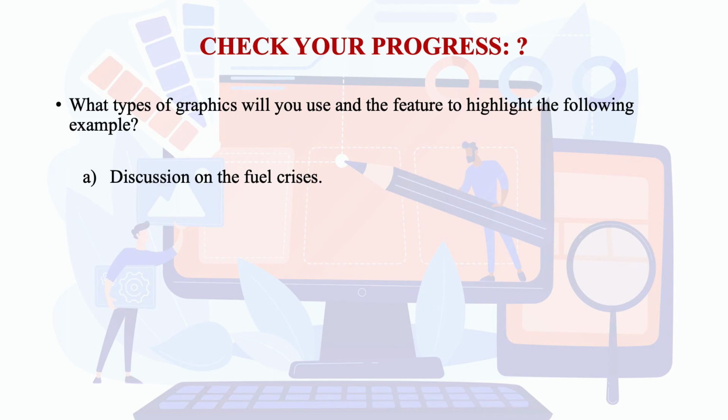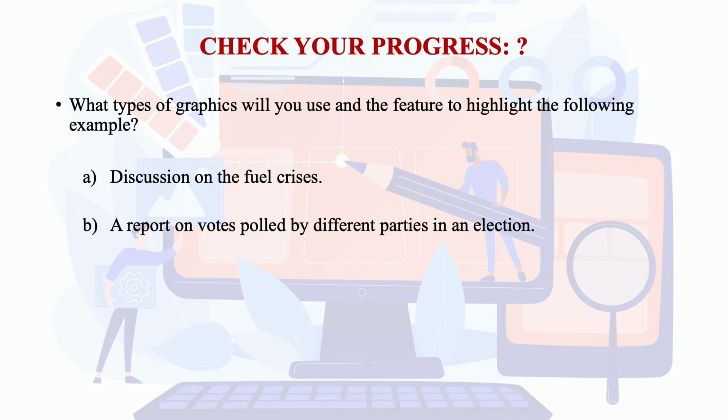Also think about this: you prepare a report on votes held by different parties in the elections. What kind of graphic will be used? And also, how to make a building plan. Which diagram will you make? This is a small exercise and you can recall how you will do it. Think about it again and again, you may get some answer.